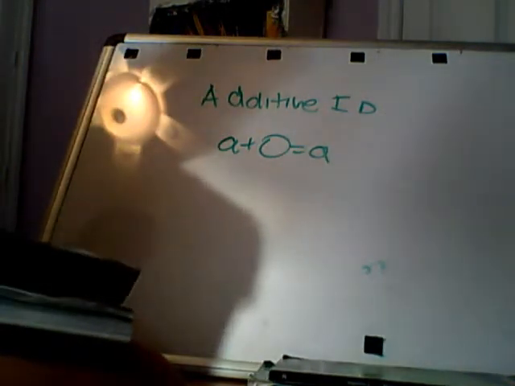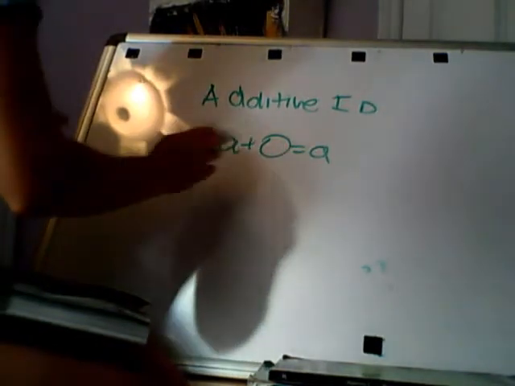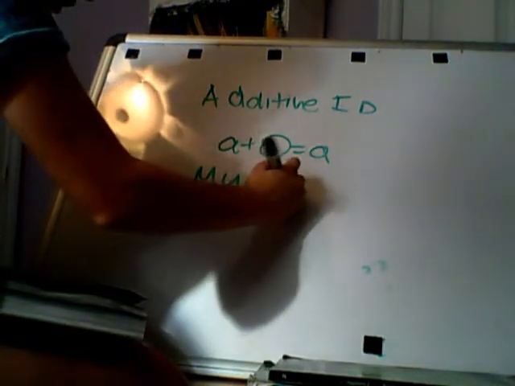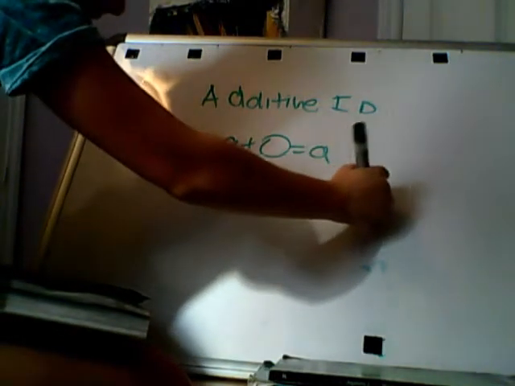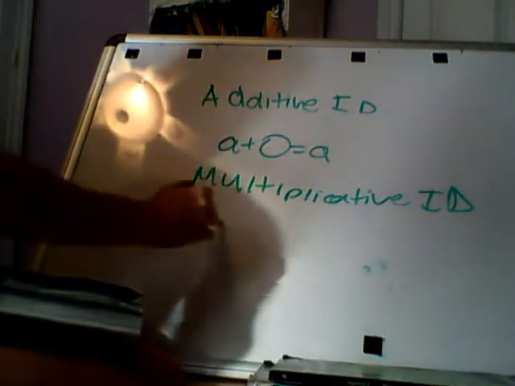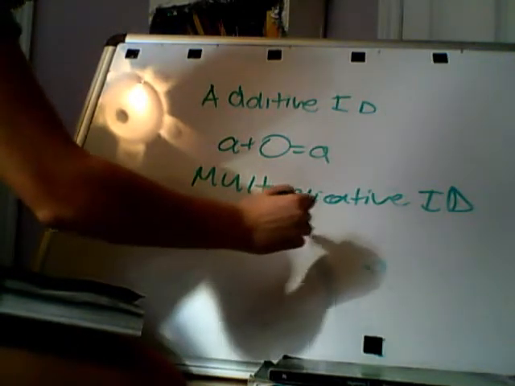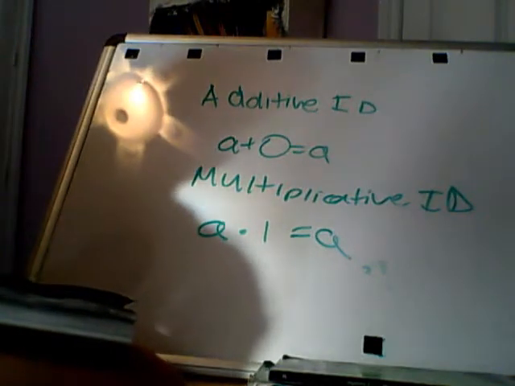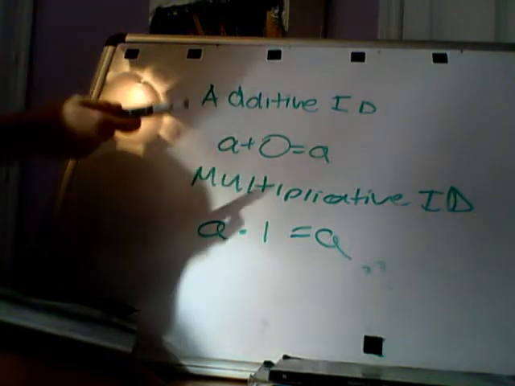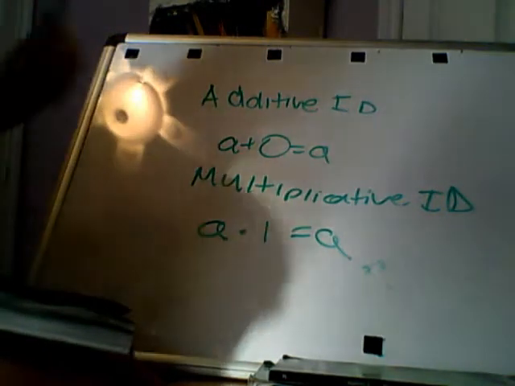And with that said, the multiplicative identity property, which is sort of like this, except multiplication, says that A, our term, times 1 equals itself. It guarantees no matter what, that in addition, A plus 0 equals itself, which is A, and multiply A times 1 equals itself, A.